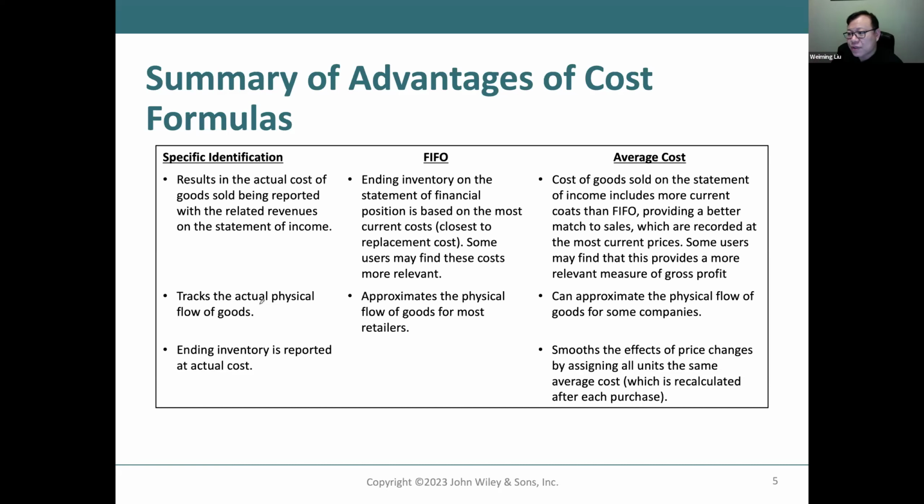Average cost, because you are taking the average, has a smoothing effect. Even though the pricing goes up and down, because you are taking the average, you smooth out the effect of price changes.